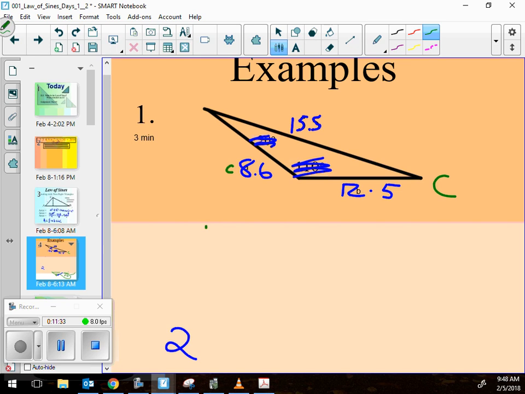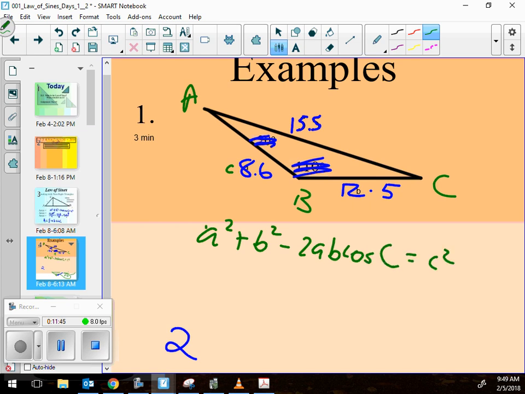This one must be little c. This one must be A, and this one must be B, or vice versa. The A and B can switch because it doesn't matter. And you just do this formula, and you'd stick in what you know, which happens to be A and B and c, but you don't know big C. And then all you do is inverse cosine at the end to solve for that.